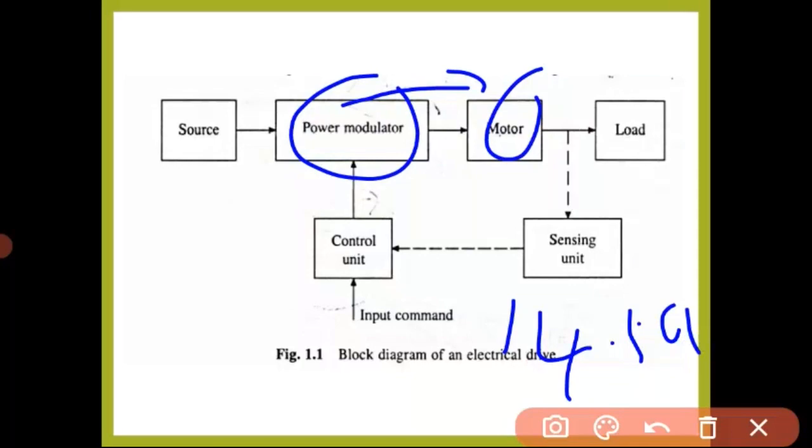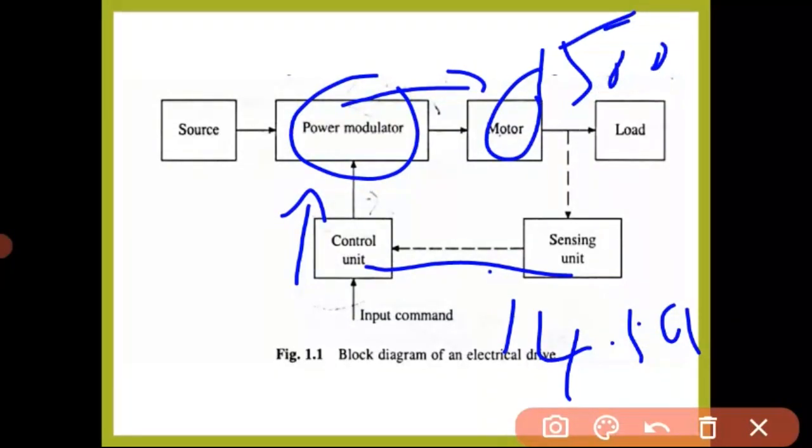The control unit generates the error again and gives it to the power modulator to decrease the firing angle so that the output voltage increases. Like that, in one or two steps, it reaches 15 volt again. The tacho generator output voltage becomes 15 volt, which is 1500 rpm. So that is how it works. It works under closed loop. Fine.